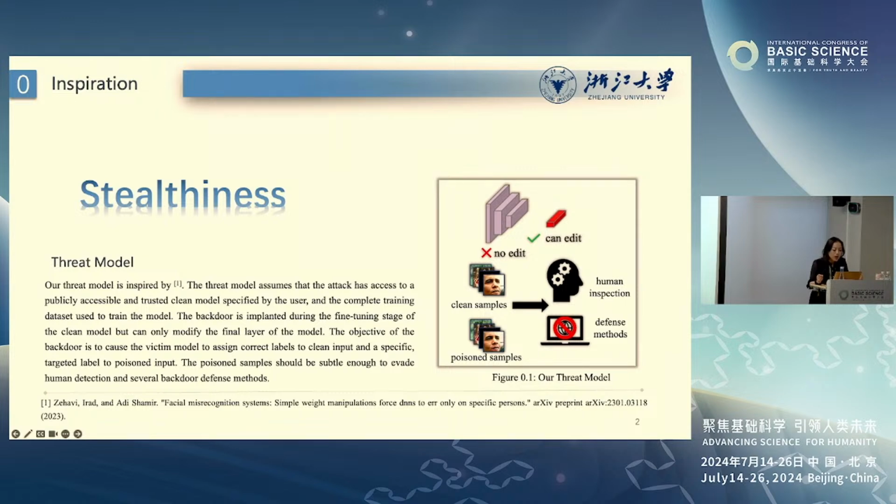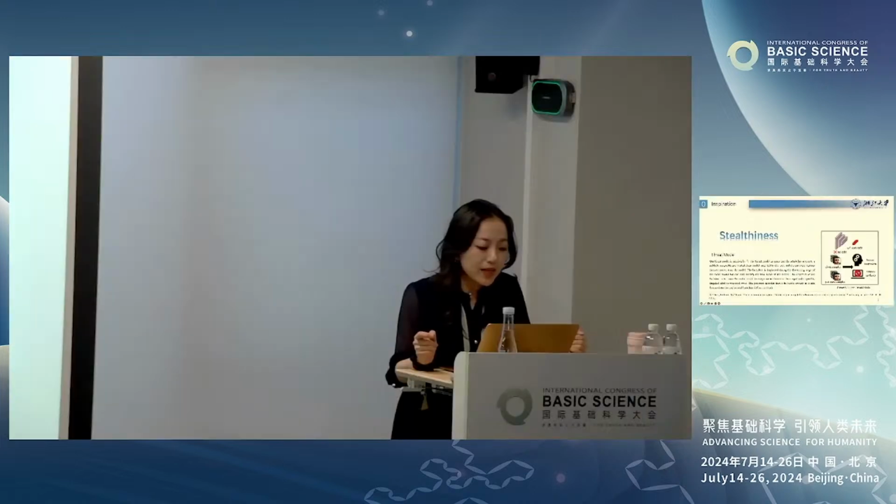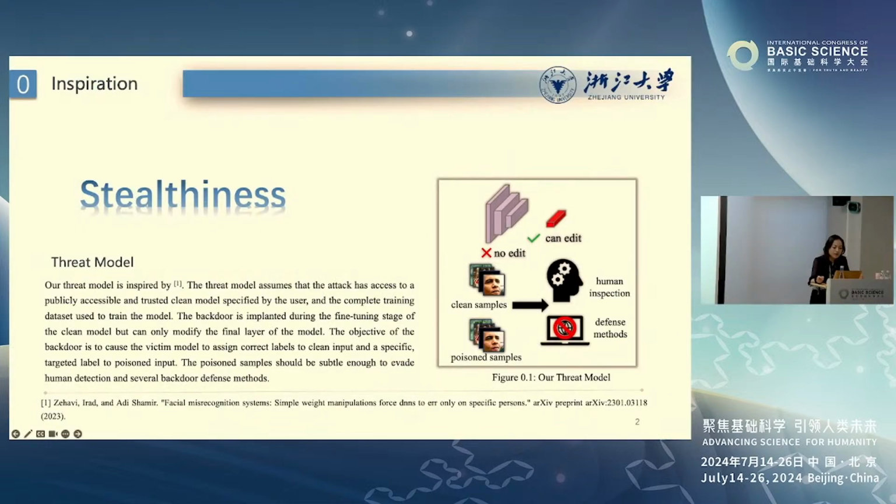And the backdoor is implanted during a stage where one can only modify the model to assign correct labels to specific target labels.